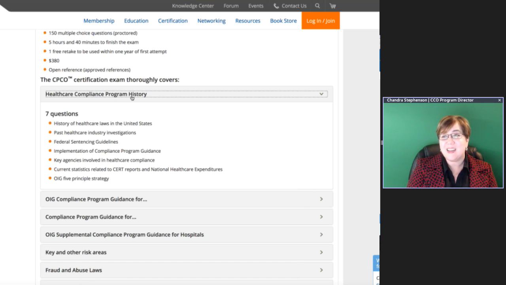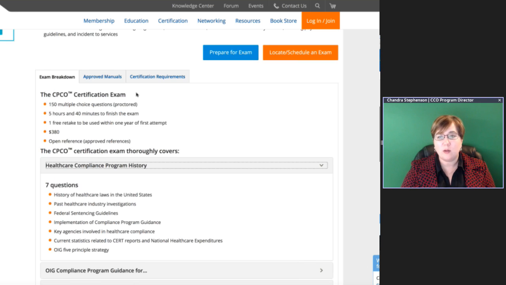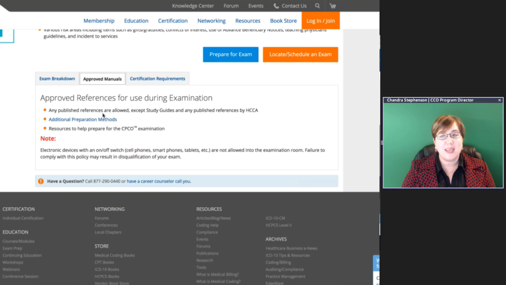So again, it's even different from the CPMA, right? It's one of the few exams that does not allow you to take in your coding manuals, but instead, if we look at what we're allowed to take there, for the compliance certification, any published reference is allowed, except for the study guides or any reference published by HCCA.